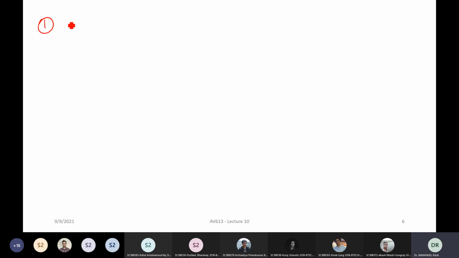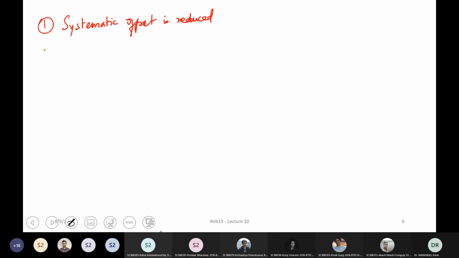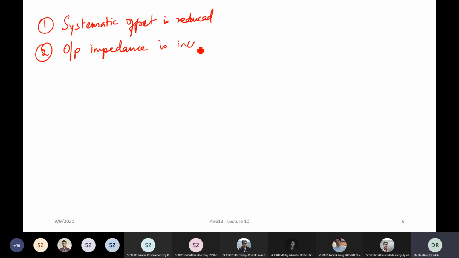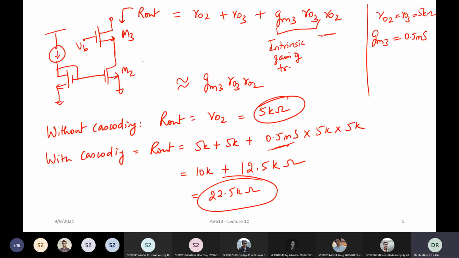Okay. Now, the two things we saw: systematic offset is reduced, and secondly, output impedance is increased. Right? So these are the two good things we have seen here. What is systematic offset?